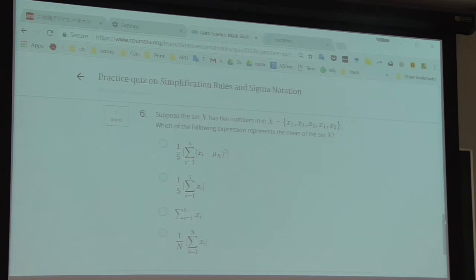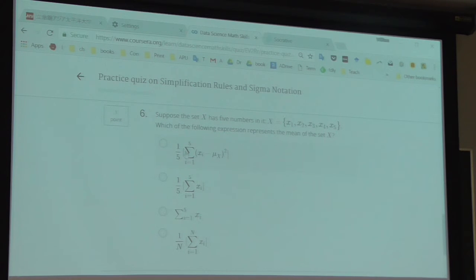Last one. By the way, if you can't see this clearly, this is not an absolute value sign.